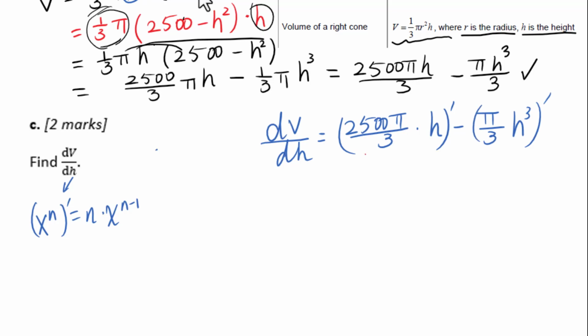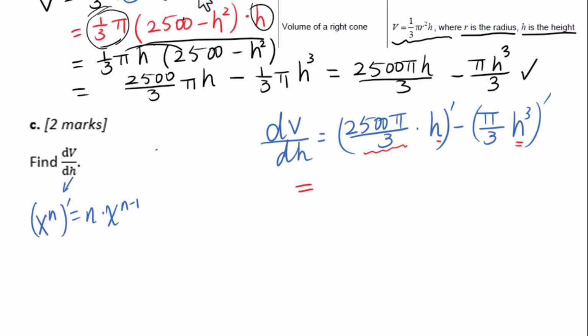We will take 2500 pi over 3 as the coefficient of this h, and pi over 3 as the coefficient of h to the third power.